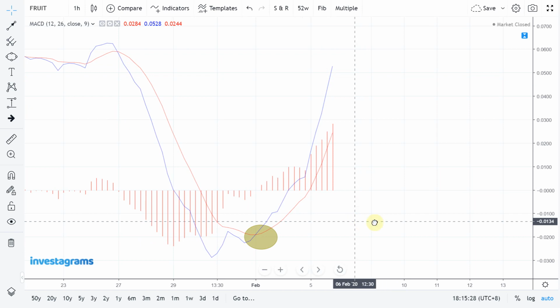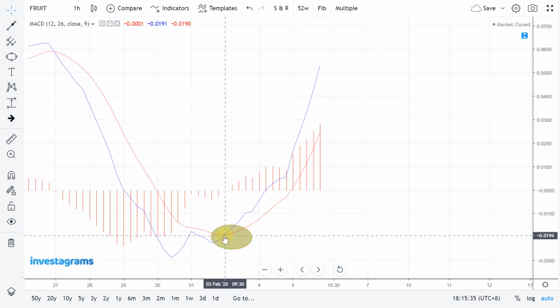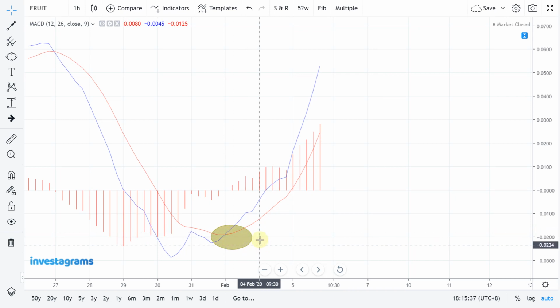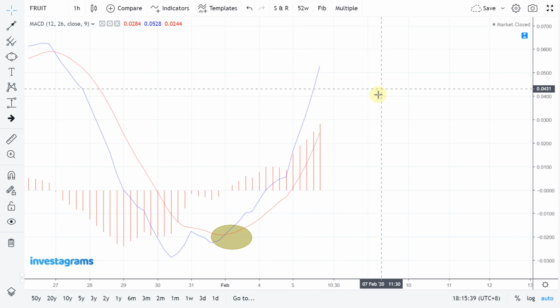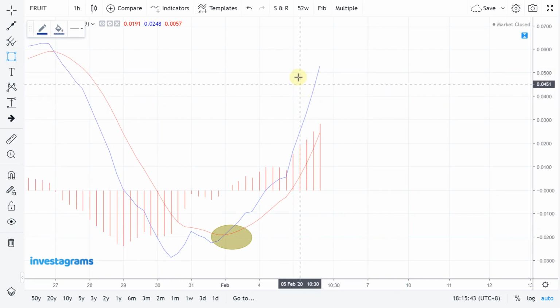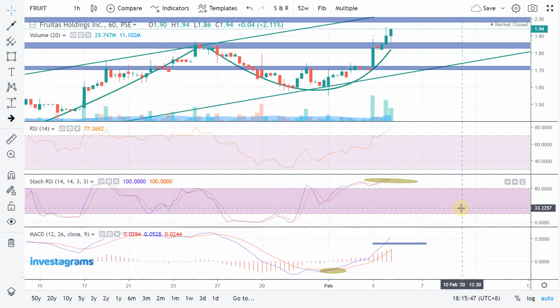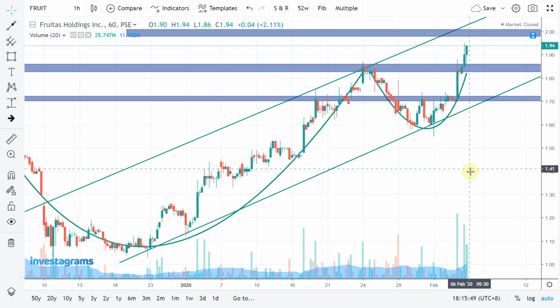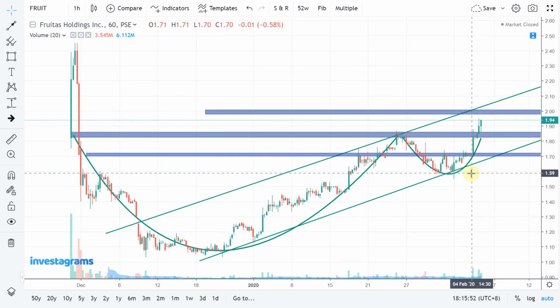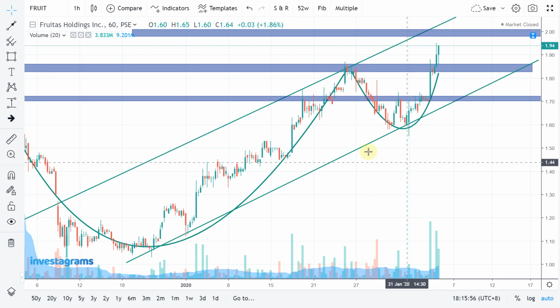So syempre, yung mga wise na trader, dito sila bibili, sa may pag-flip ng blue line and red line. Then possibly magbebenta na sila dito. So for now guys, bearish muna tayo for 1 hour chart.